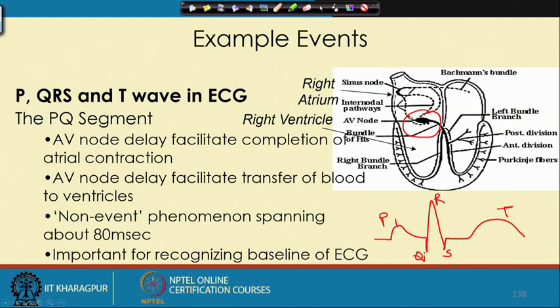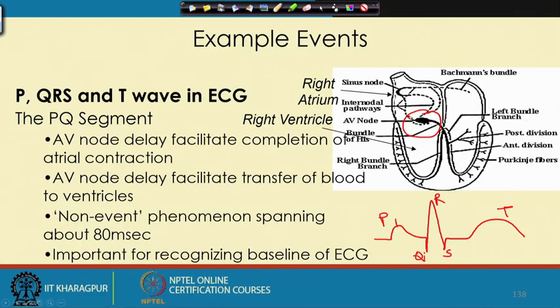Just like in a computer program we have a NOP operation, we add a delay, in the same way the AV node holds that signal. It does not allow it to decay, and it just delays that signal. The basic motivation is that if that signal went to the ventricle at that moment, the ventricle would also start contraction, and that would upset the process of the transfer of the blood from the atrium to the ventricle.